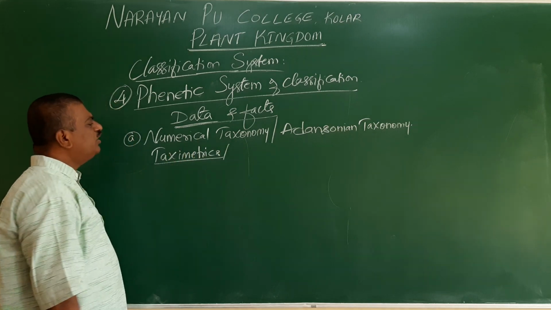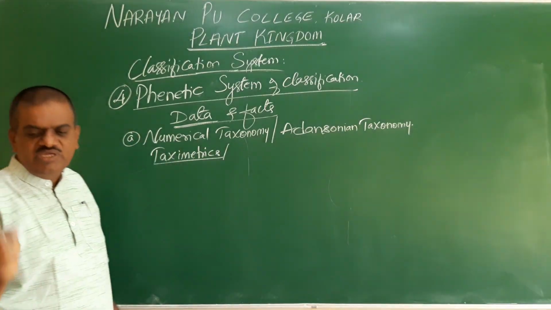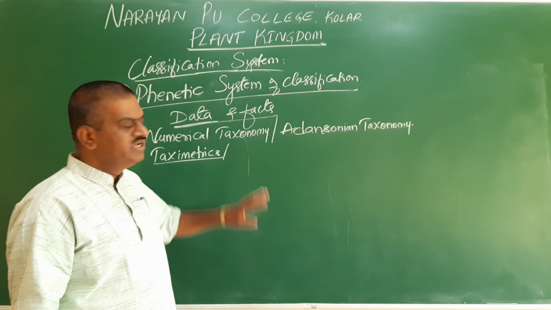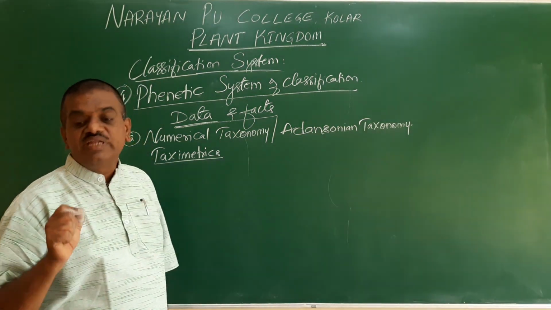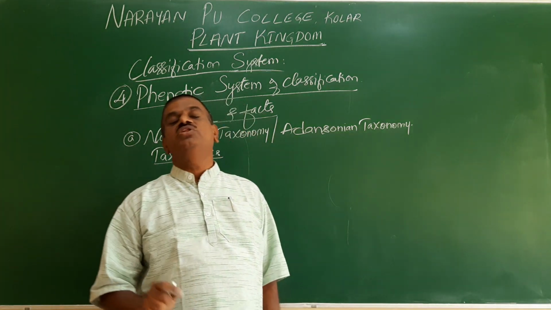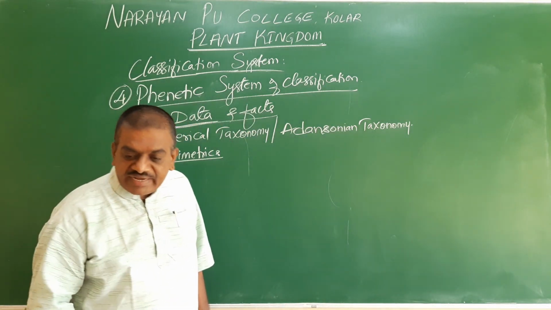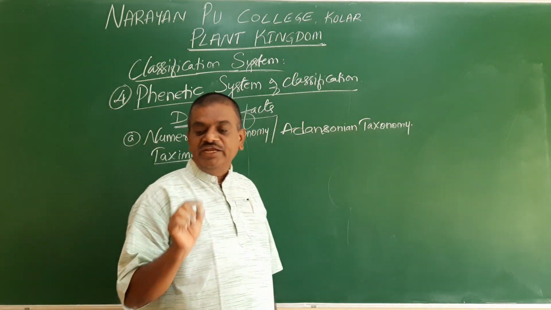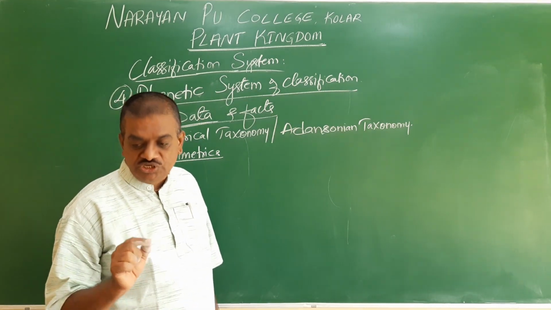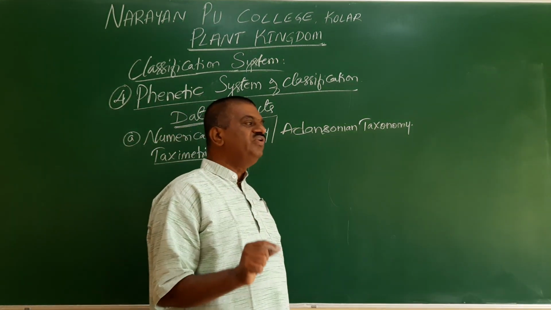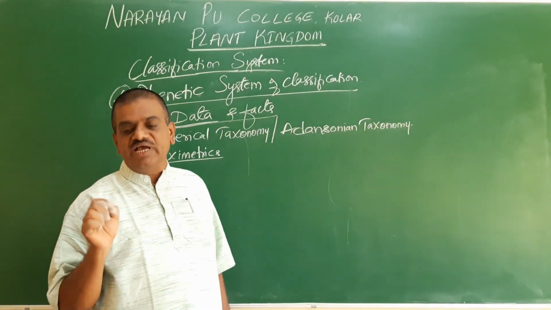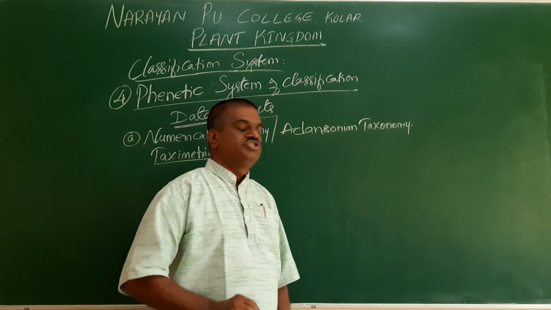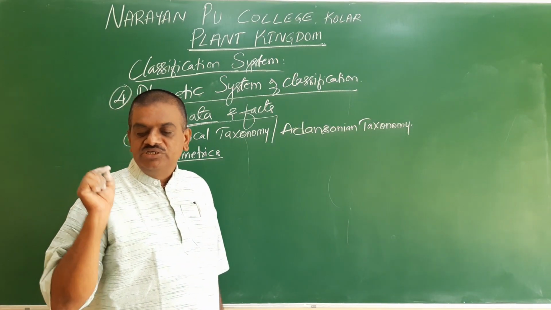So this is nothing but numerical taxonomy, Adansonian taxonomy, or taximetrics. It is based on the observation of characters and carried out by using computers. Here, various characters are observed and used in the computer data.